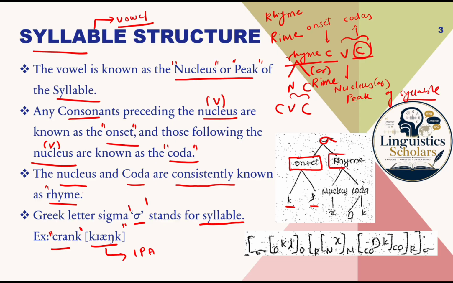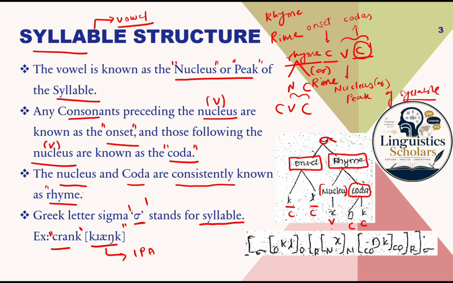As we have talked about the rhyme, it's a combination of nucleus and coda, and the nucleus always consists of a vowel, whereas the coda and the onset consist of consonants. So the rhyme has two parts, nucleus and coda, and the nucleus is a compulsory or obligatory item in the syllable structure to call it a syllable.